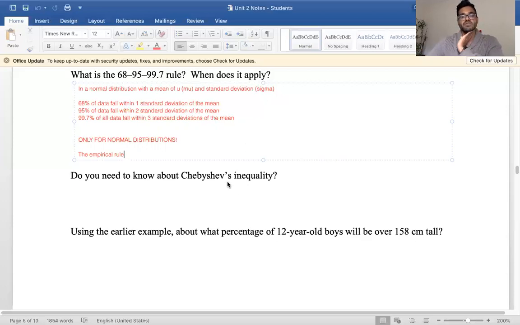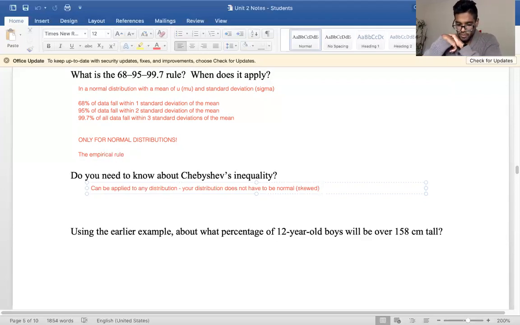So Chebyshev's inequality is an expansion of the empirical rule, and it can be applied to any distribution. Your distribution does not have to be normal. So you can have skewed data, which is nice because you're lucky in life to get normal distributions.